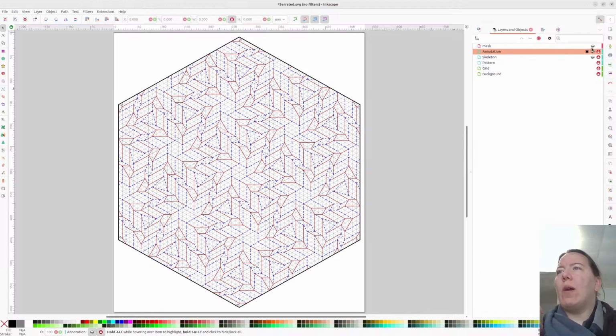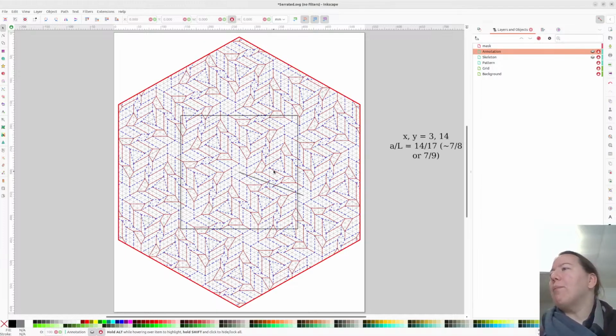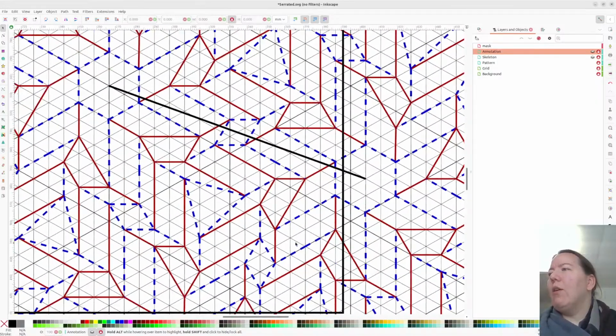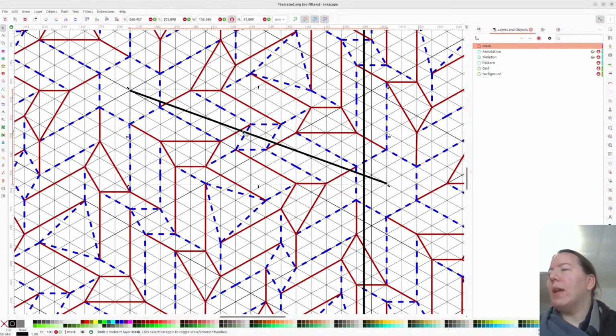And then I also have a layer where I determine, okay, so I'm looking at this line here, from one big hexagon to the other big hexagon, center to center, how many grid spacings am I going? And I'm counting that along one grid direction and then along the other grid direction.